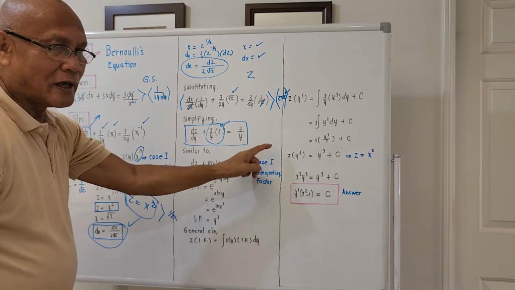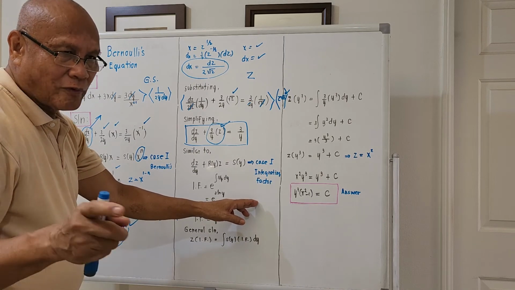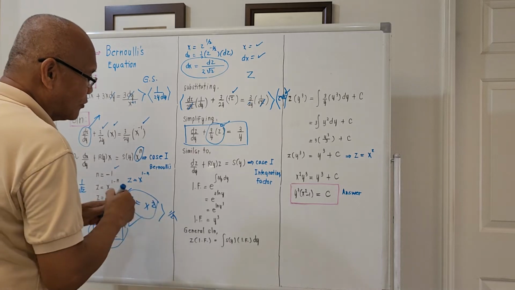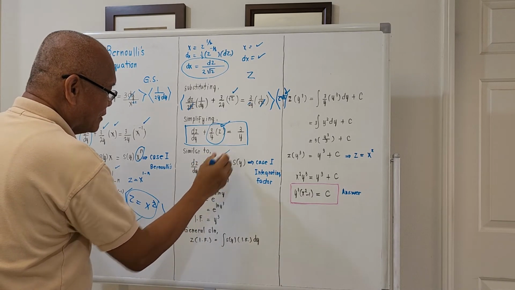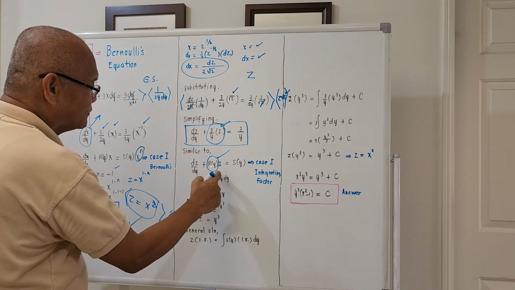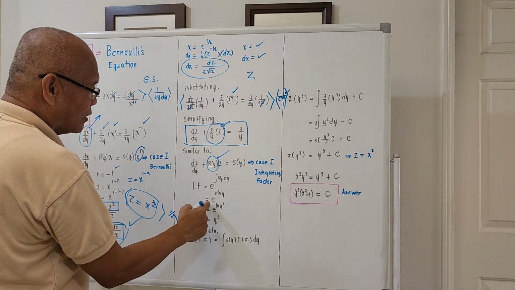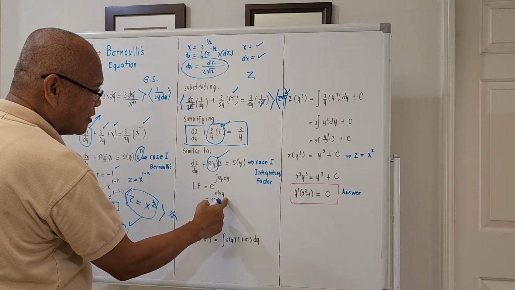The integrating factor is e raised to the integral of 3 over y dy, which is e raised to the integral of dy over y, that is the natural logarithm of y.